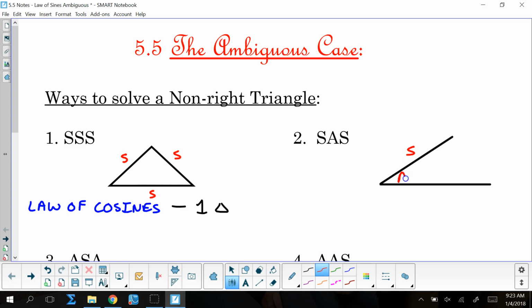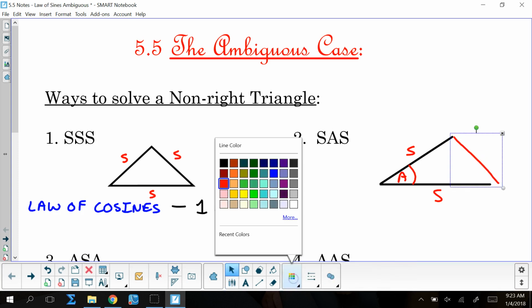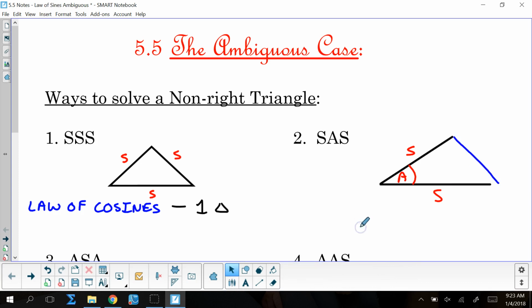Side, angle, side type case. I still can't use the law of sines on this one because I don't have that complete angle with its opposite side fraction.